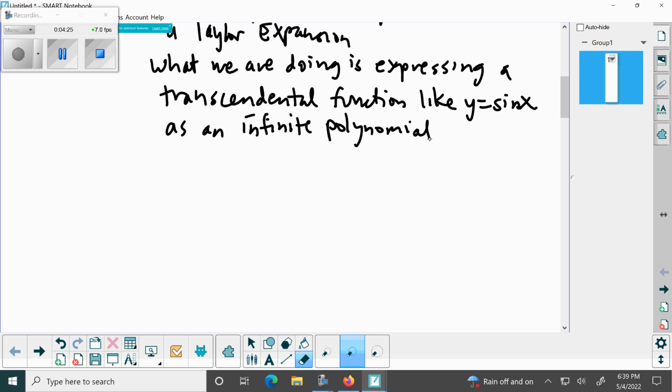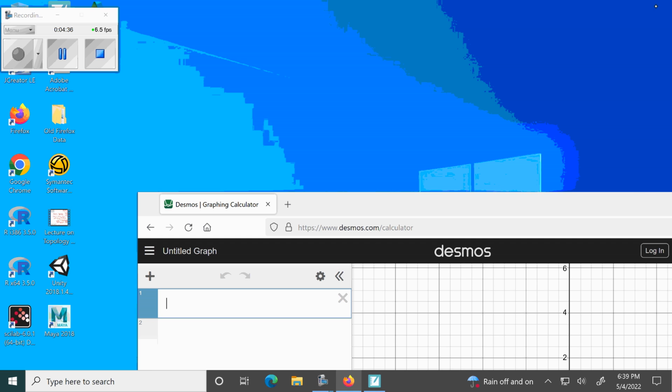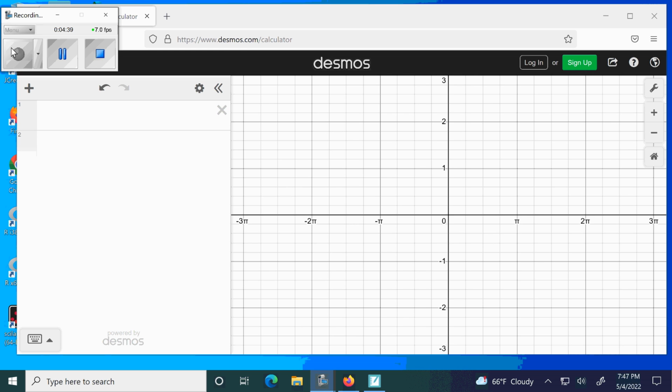Let's take a look graphically at what happens to give you an illustration. So I'm going to reduce this over here. All right, so let's take a look at y is equal to sine x.